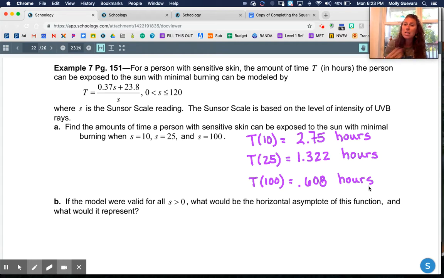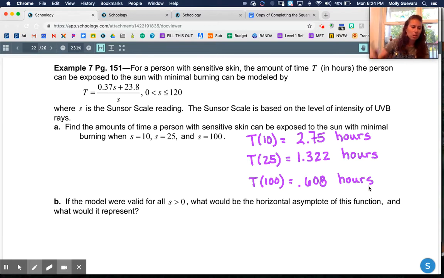What is the minimum number of hours that you can be outside regardless, right, of like if the sun's not even out? What's the minimum that you can be? Sorry. If we're like on the sun, what's the most amount of time that we can be outside? Like no matter what, the minimum.